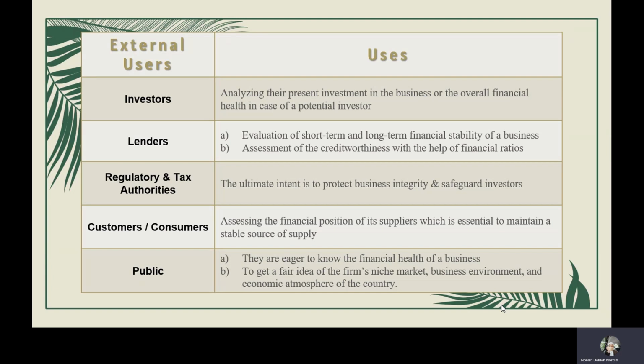Third, regulatory and tax authorities. The ultimate intent is to protect business integrity and safeguard investors. Fourth, customers or consumers assessing the financial position of their suppliers, which is essential to maintain a stable source of supply. And fifth, public.